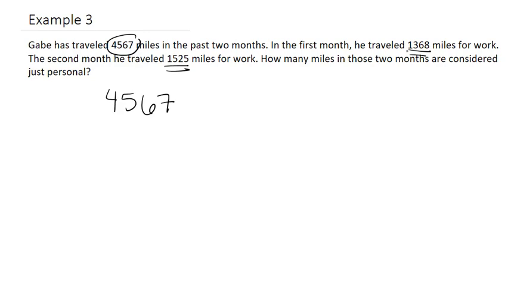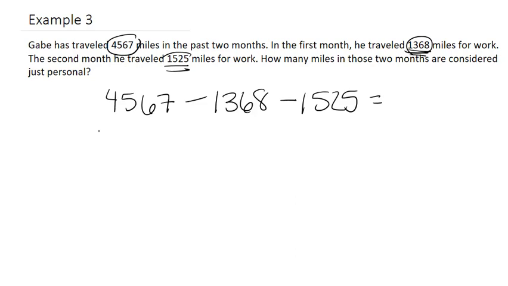Then we would subtract this first number, so minus 1,368 minus 1,525. So that is how we would set up the problem to solve. So one way we could also do this is we could add these 2 numbers first and then subtract it from the 4,567. Let's go ahead and do that method.